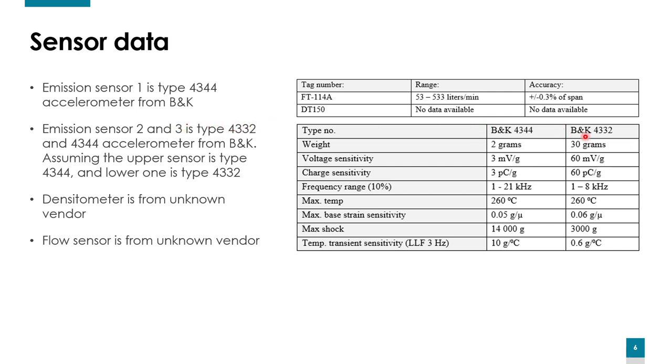That's easy to see here because it's 30 grams, and you can see the other one is like 2 grams, so there's a big difference in the relationship. And this size follows through in the other parameters. The voltage sensitivity is very low if you have a small sensor, but it's pretty high if you have a big sensor.